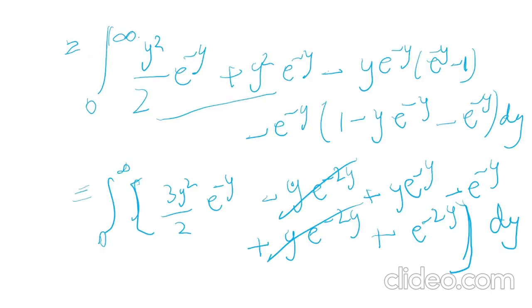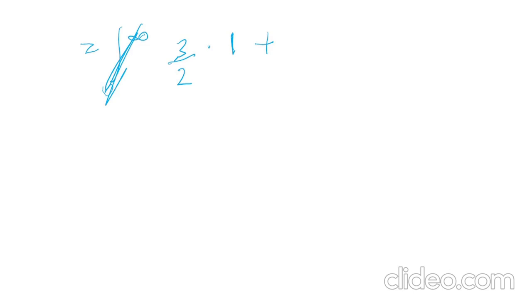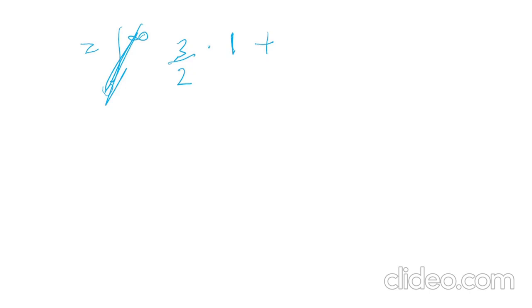Now it will be 0 to infinity. So 3y square upon 2 e to the power minus y will be what? Y to the power 2 minus 1, so gamma 2 by 2. Sorry, and it will be 3 by 2. That gamma will be 1. Plus y e to the power minus y will be y to the power 2 minus 1 gamma, and then here it was gamma 2 so it is 2 minus 1, then that one will be 1.